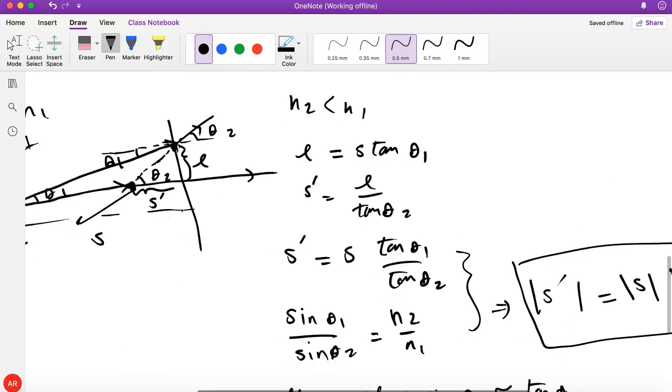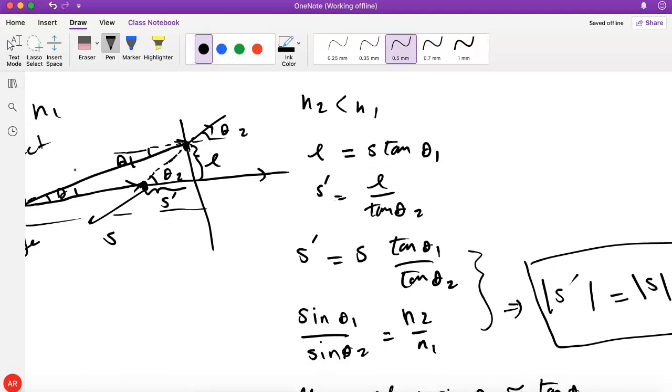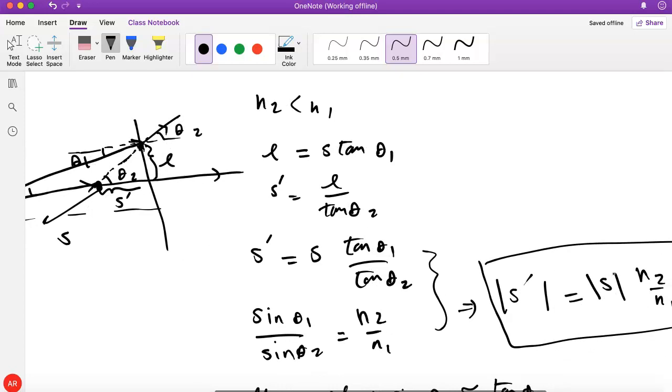So the object is closer, and in this approximation, you see that the result ended up independent of the actual angle.